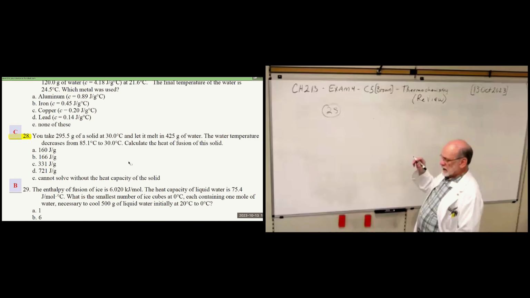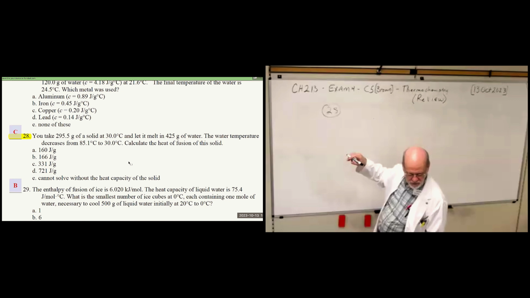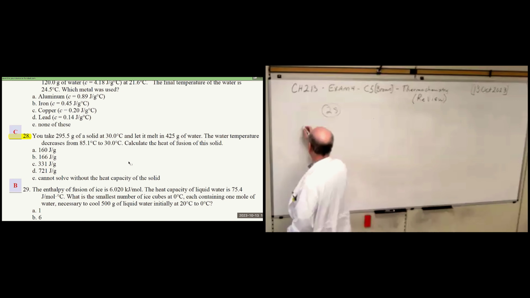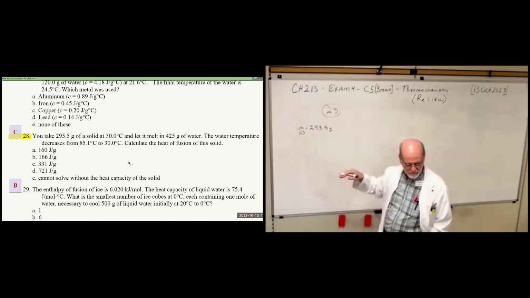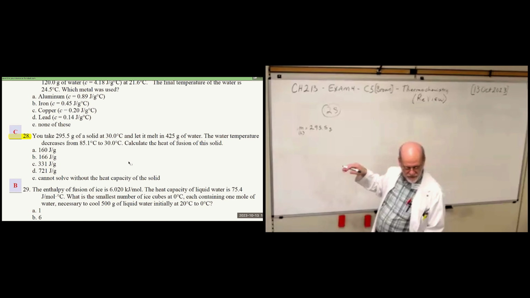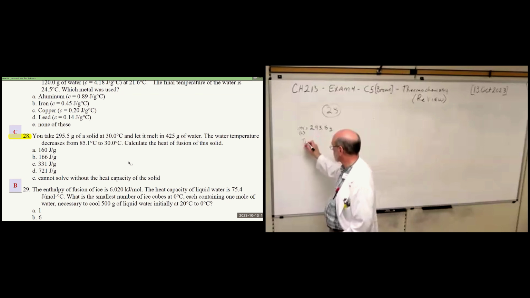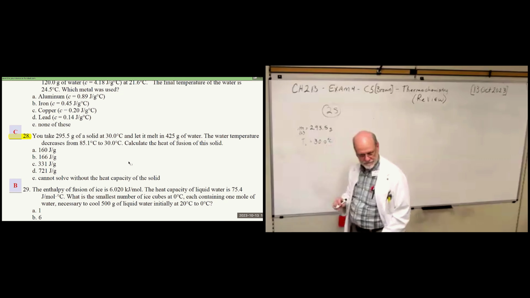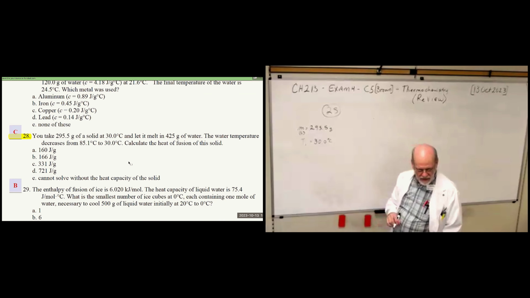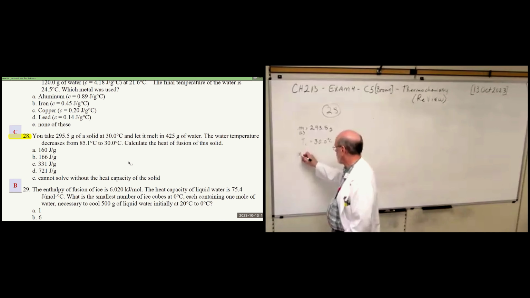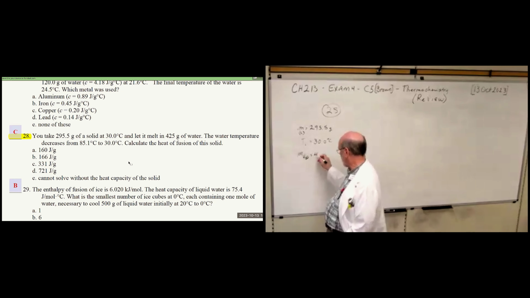So let's put the information we have now. Mass equals 295.5 grams. This is the mass of the solid at 30 degrees, so its initial temperature equals 30 degrees C. The mass of the water equals 425.